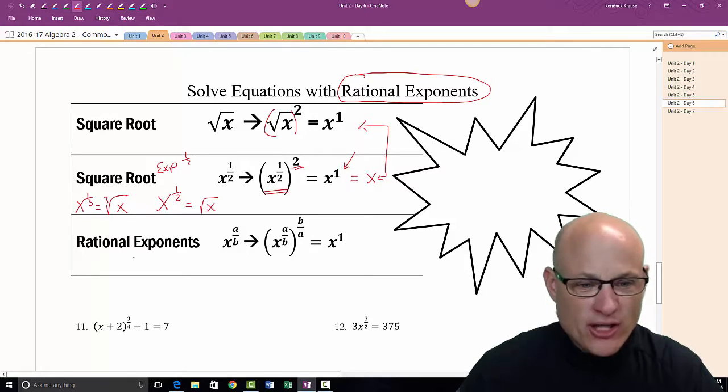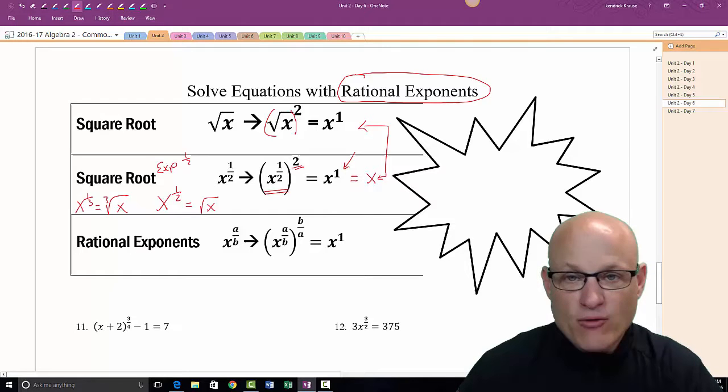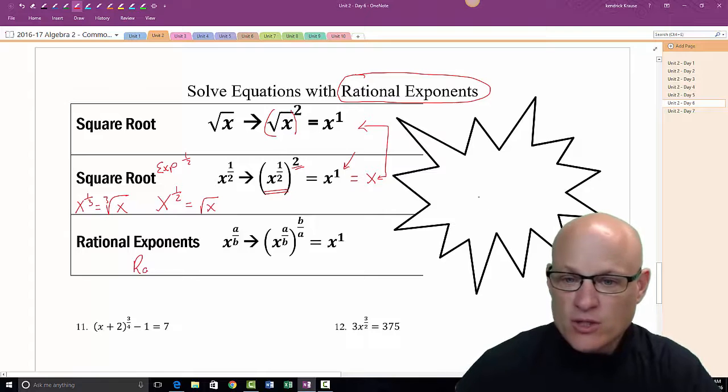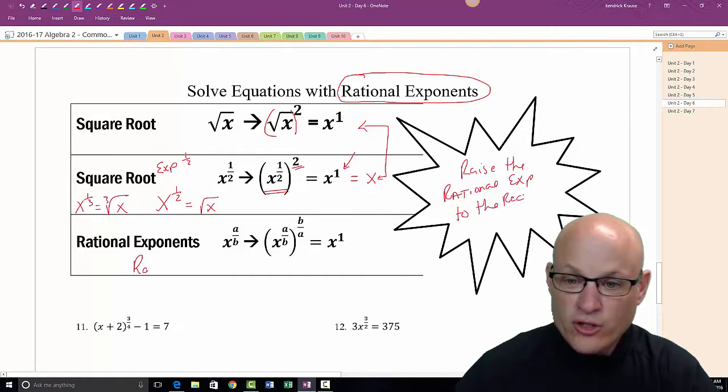So rational exponents, let's say I have any rational exponent like a over b. I don't care what a over b is, it doesn't matter. I'm going to raise it to the reciprocal.